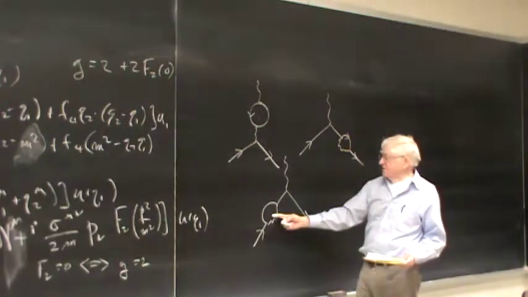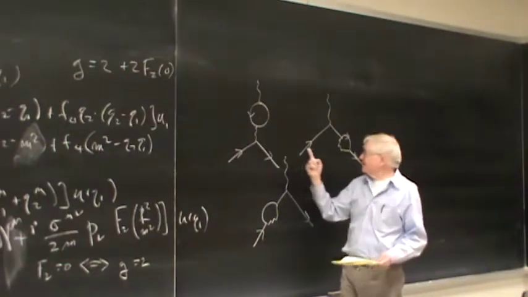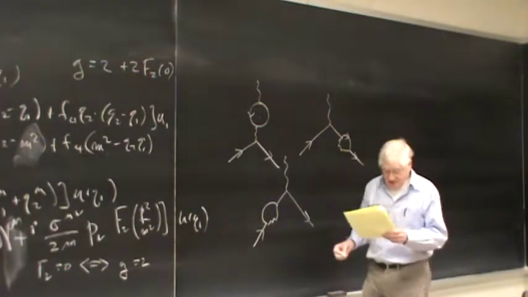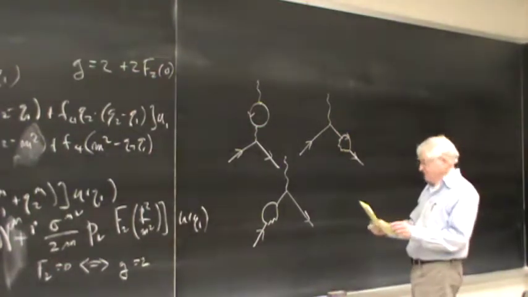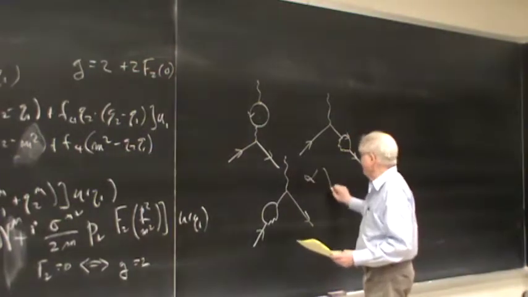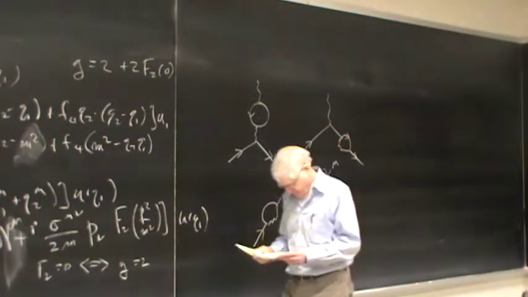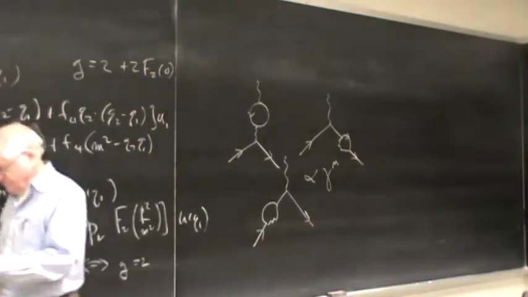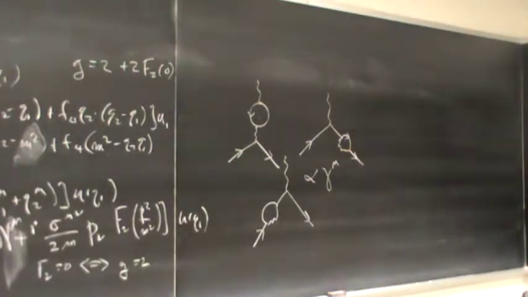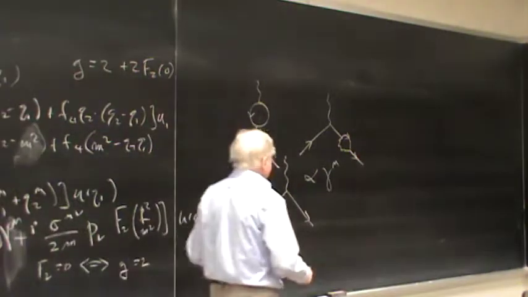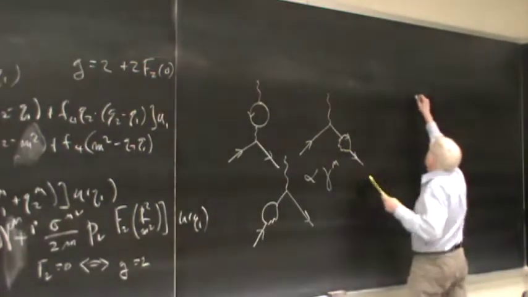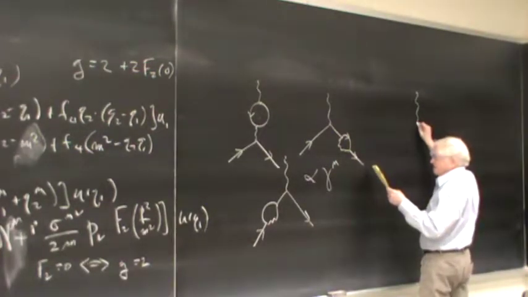It doesn't affect this vertex here, and so these are all proportional to the gamma mu term. All right. The one that's important for the magnetic moment looks like this.